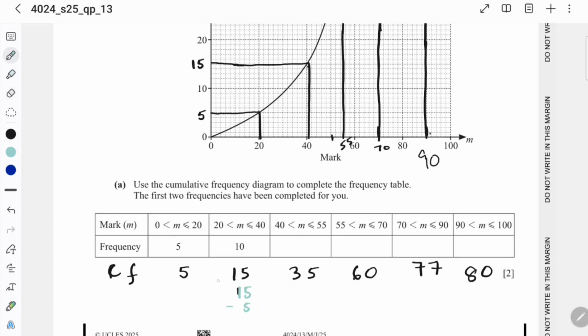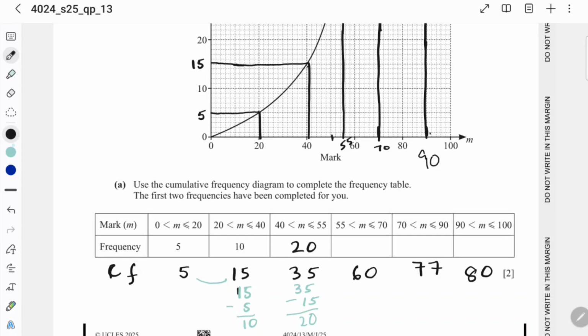I'll just subtract these two numbers to get the answer for the frequency. Because 5 and the next number is 10. So that is 10. Now for this one, I do 35 minus 15 to get the frequency. So 35 minus 15 will be equal to 20. So my answer will be 20 there.